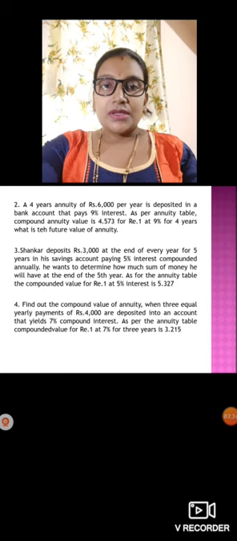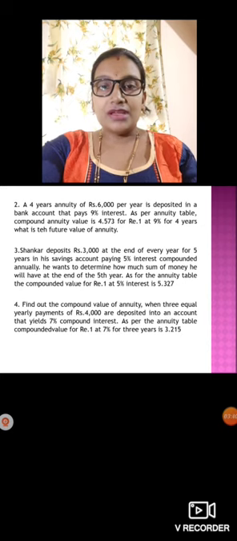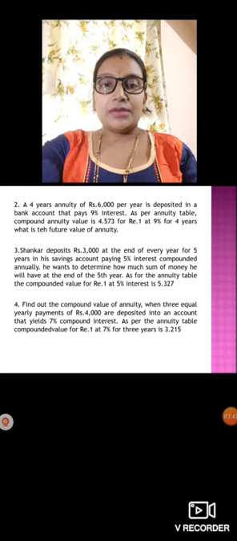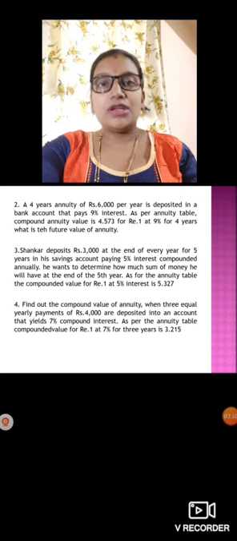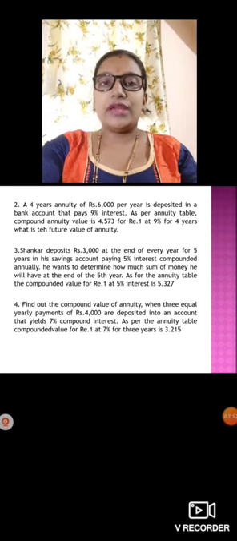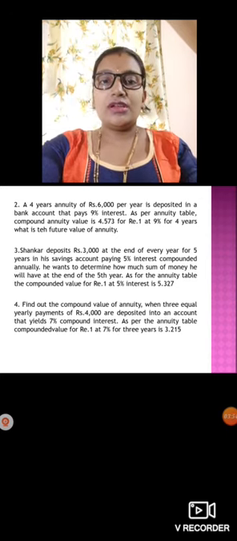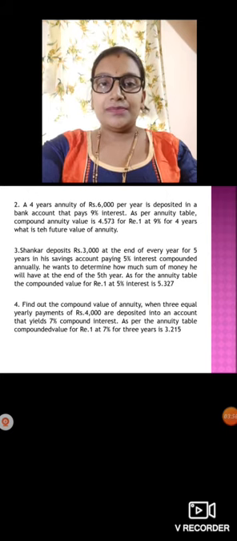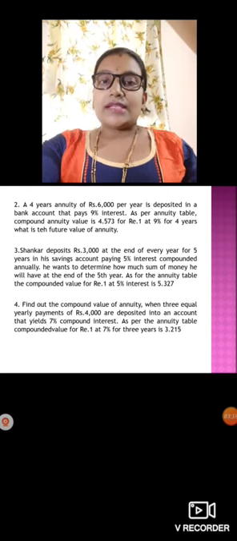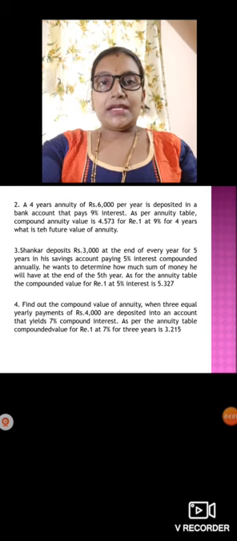Okay, so how much are we having now? Amount is 4,000, the amount being invested, the amount deposited, and the annuity table value or compounded annuity value you have is 3.215. With the help of these two, you have to solve the answer and find out the future value of annuity.